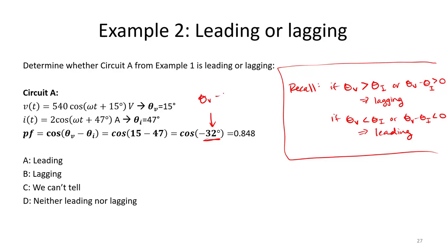Notice here, we had calculated that theta V minus theta I is less than 0, and we see that theta V is less than theta I. So in this case, you see that we must indeed be leading, because theta V is less than theta I, and we ended up with a negative power factor angle. So in this case, the correct way to report the power factor would be 0.848 leading.